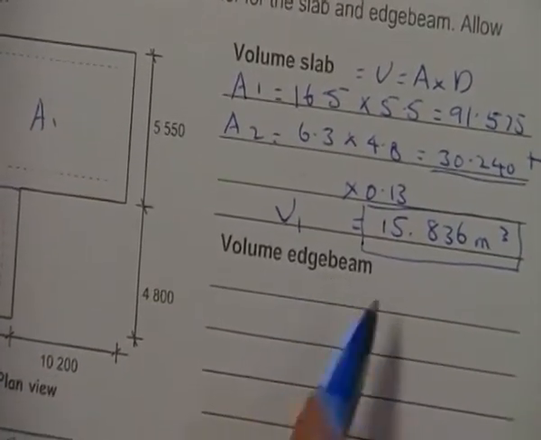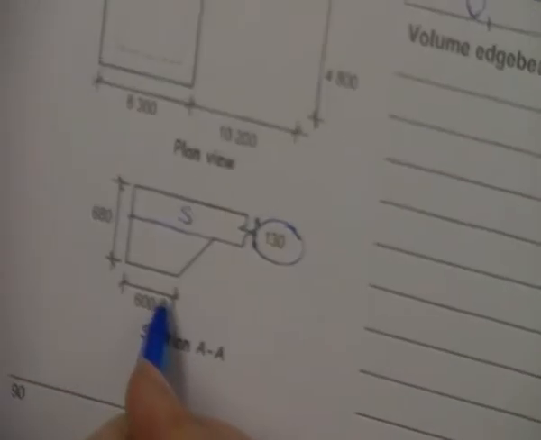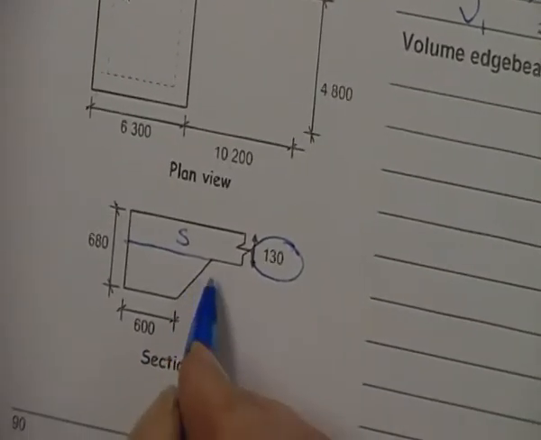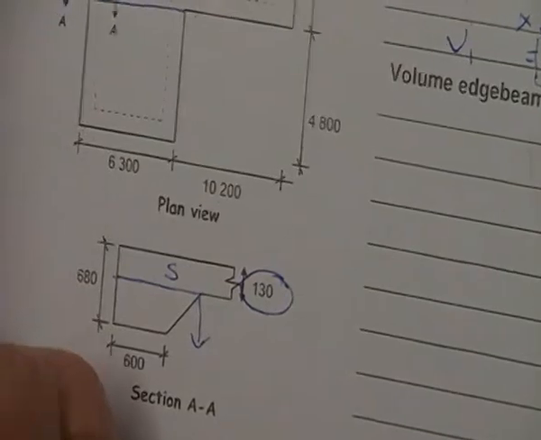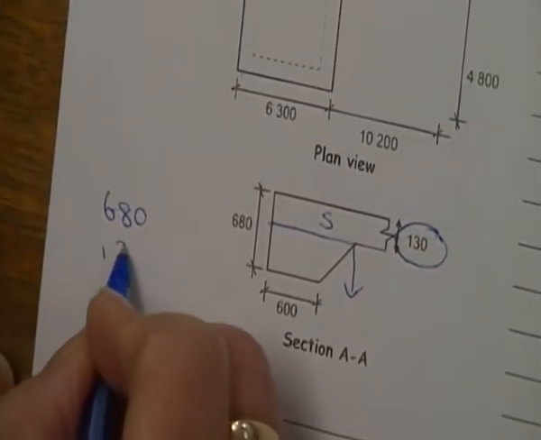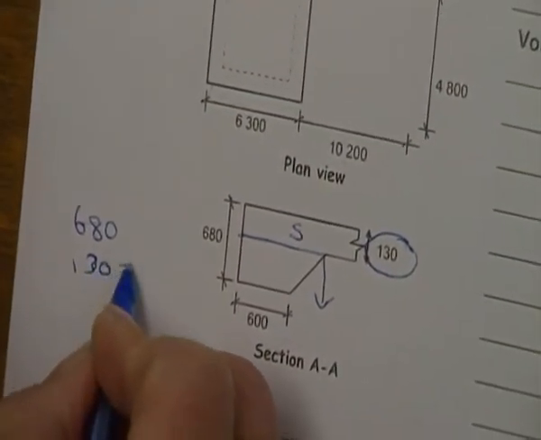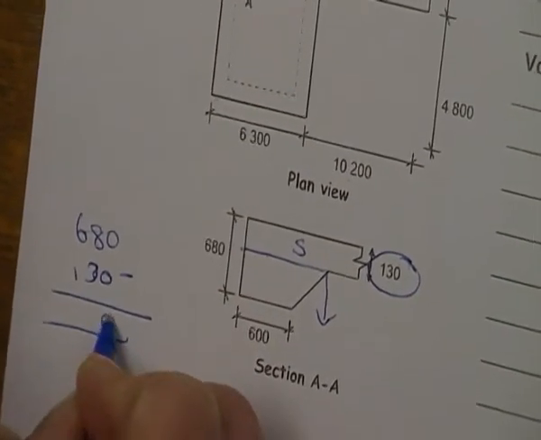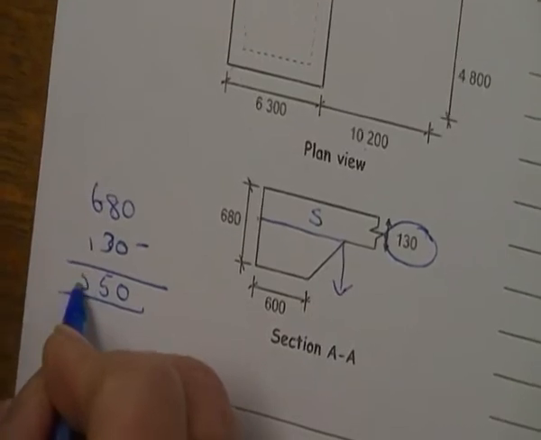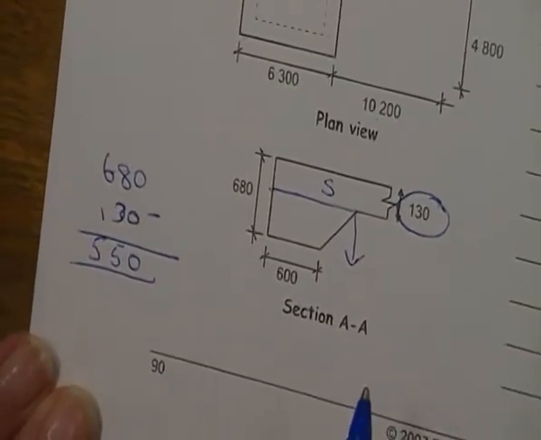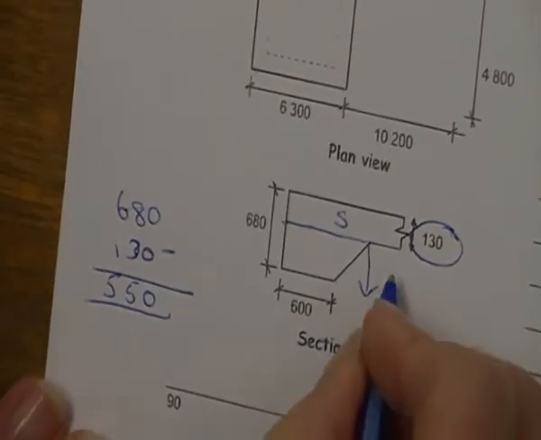It's the edge beam. We have to look at the figures for our edge beam. We need to find our depth first. So our depth is going to be 680 minus the 130. 8 take away 3 is 5, 6 minus 1 is 5. So it's going to be 550 deep.